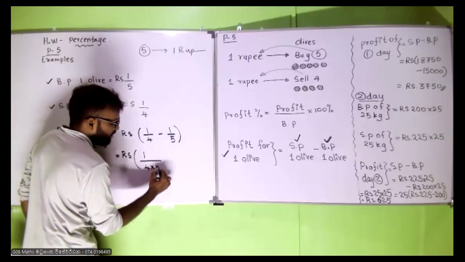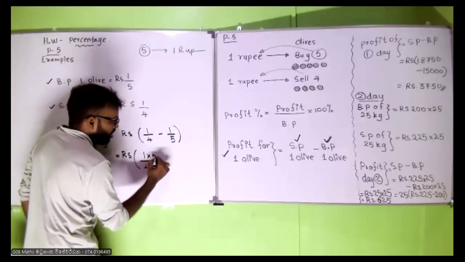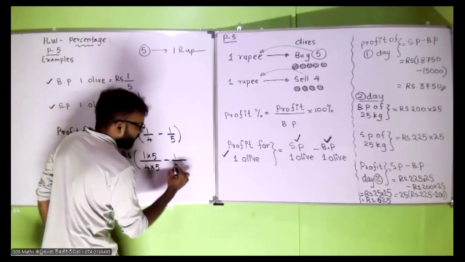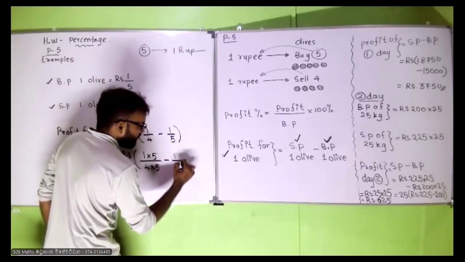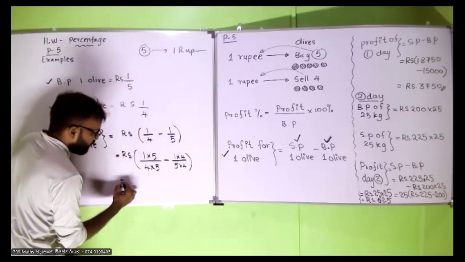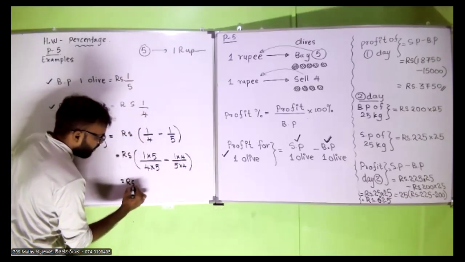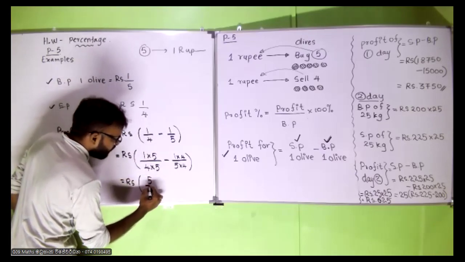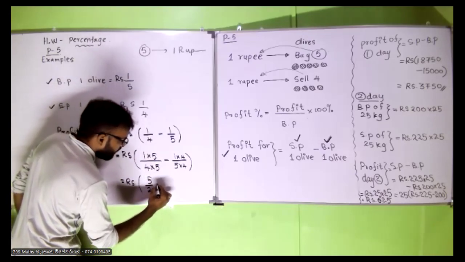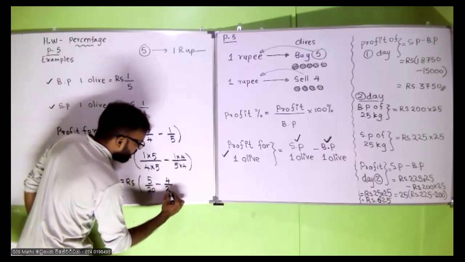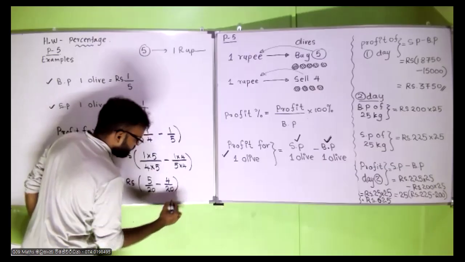So multiply this side by 5, numerator and denominator, and multiply this denominator and numerator by 4. Rupees. Numerator is 5 divided by 20 minus 4 divided by 20.